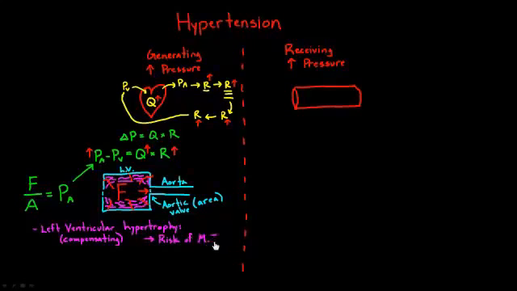The other possibility is that the left heart doesn't compensate, and you have what's called left heart failure. What that basically means is that the left heart says, you know what, I can't generate the pressures that are being required to move all that blood around, and so I won't generate those pressures.